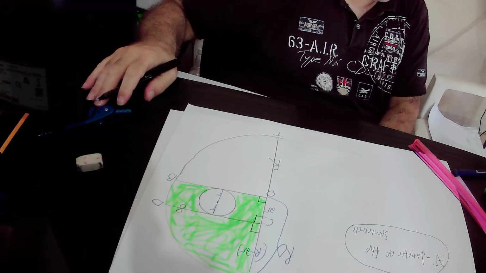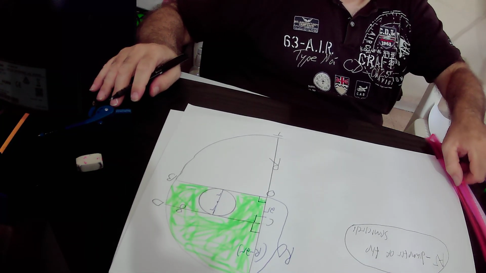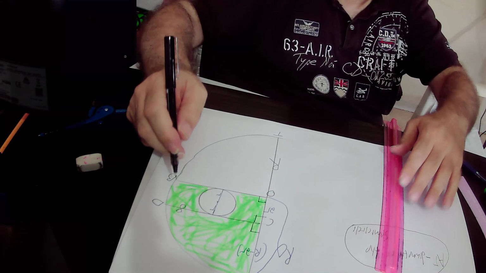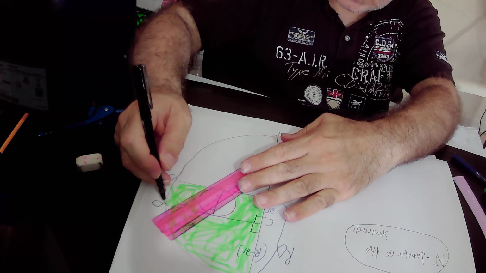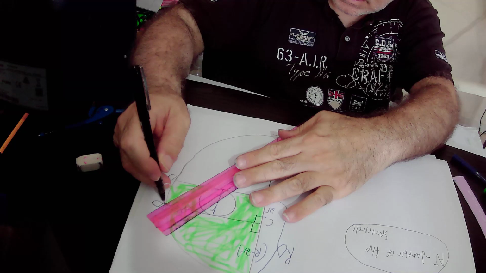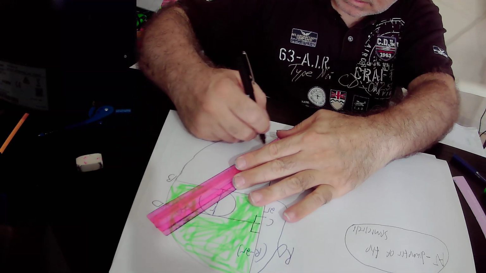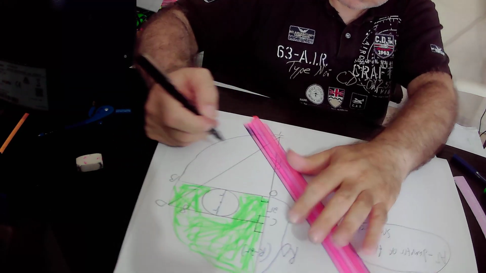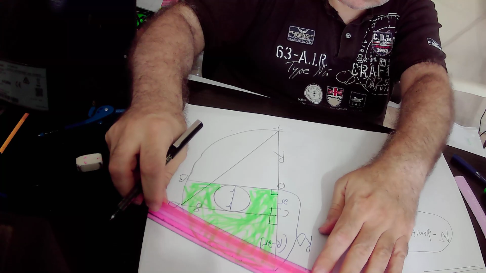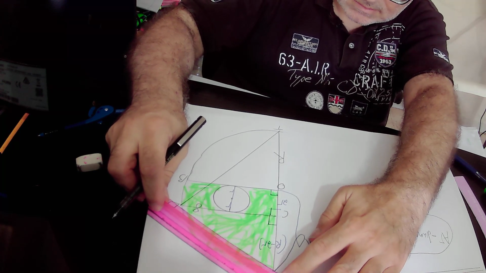In the next step, we join points D and T together by a straight line. We join points D and A together by a straight line.